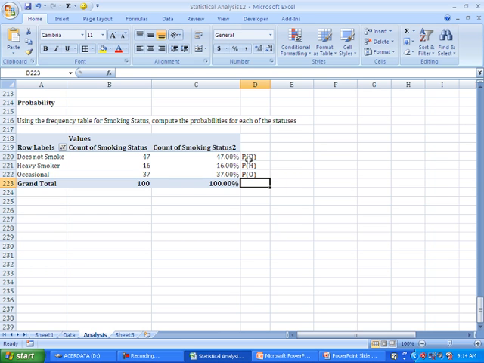Let's say a heavy smoker's average life expectancy is 60 years, an occasional smoker will have 65 years, and one who does not smoke will have 80 years. Now based on that, find out what the life expectancy of the people is. If this has to be found out, I need to know what proportion of the people in the country are smokers, non-smokers, and occasional smokers.